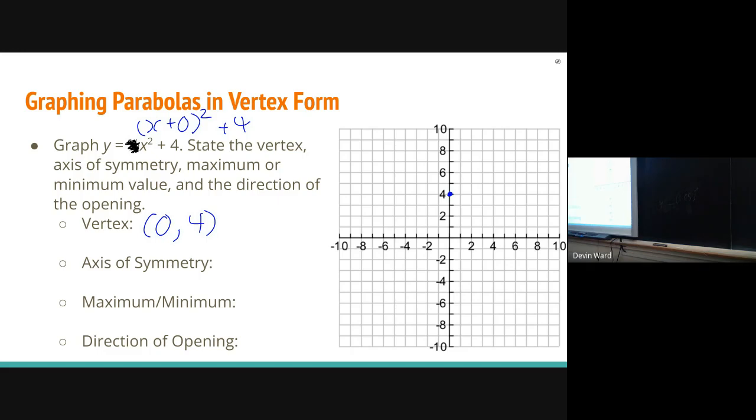One over. That one is one. And then this, on the opposite side.